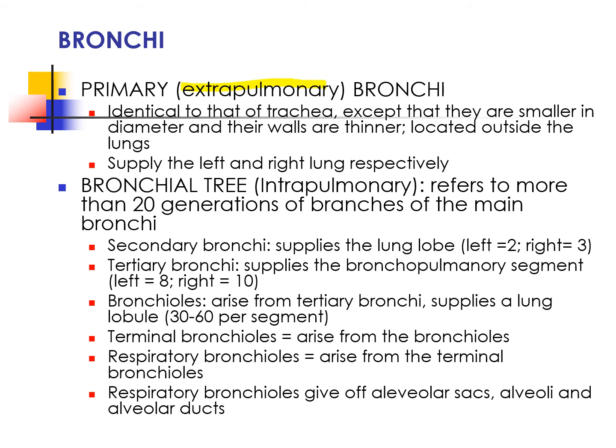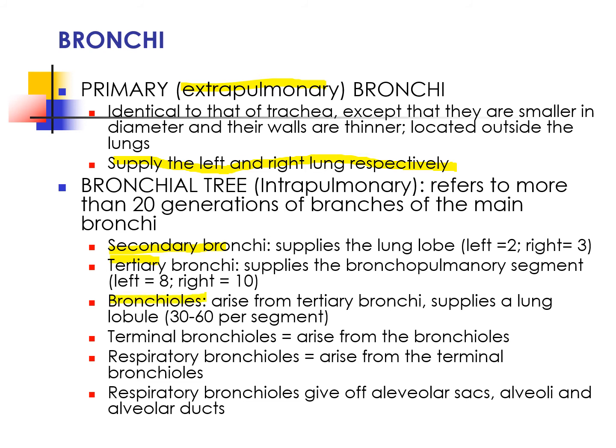They are smaller in diameter and their walls are thinner and located outside the lungs. So they supply the left and right lung respectively. Yung bronchial tree or the intrapulmonary refers to more than 20 generations of branches of the main bronchi. So nandito yung secondary bronchi and the tertiary bronchi.